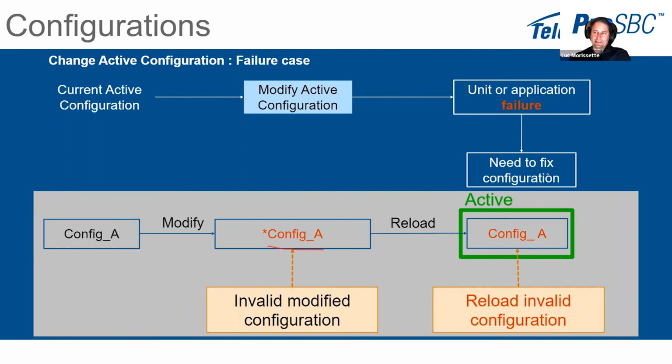And you need to fix now this configuration because it will still be config A, but with errors inside. Right? So it will not have applied the changes, but it's still on config A with errors. Right? So you need to go and change the configuration so that it becomes good again.